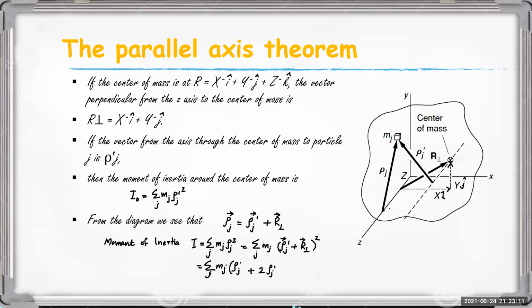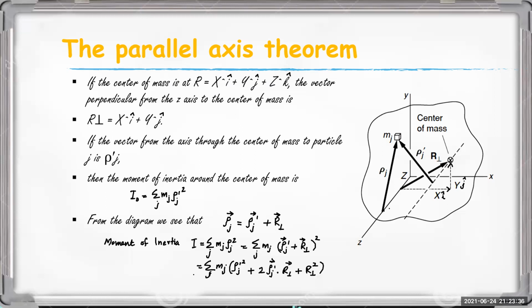Rho j dash square, 2 rho j dash dot r perpendicular. These two are vectors. When we take the dot product, it is also a scalar, then plus r perpendicular square.